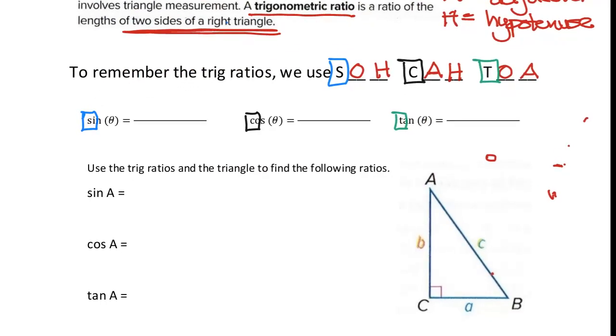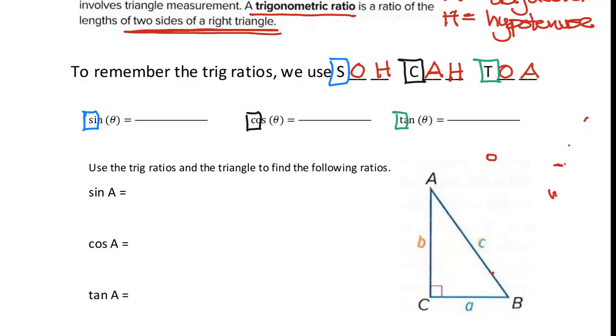SOHCAHTOA. So the sine of an angle uses the opposite side, so that's the O. So we put opposite divided by the hypotenuse. So that's where we get the SOH from. The sine uses the opposite and the hypotenuse. S-O-H.